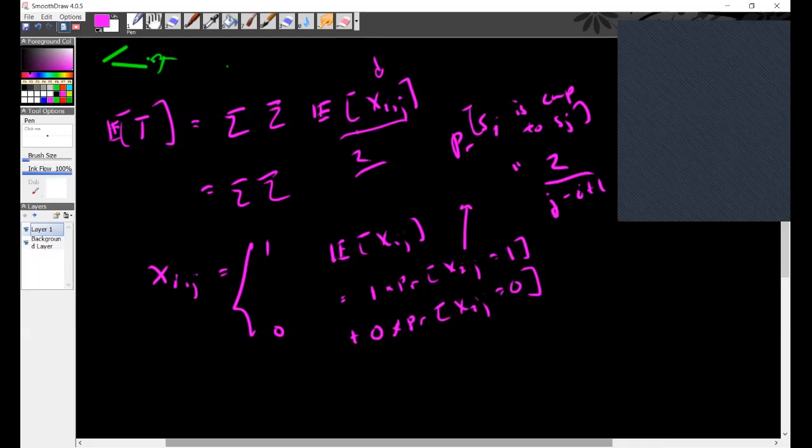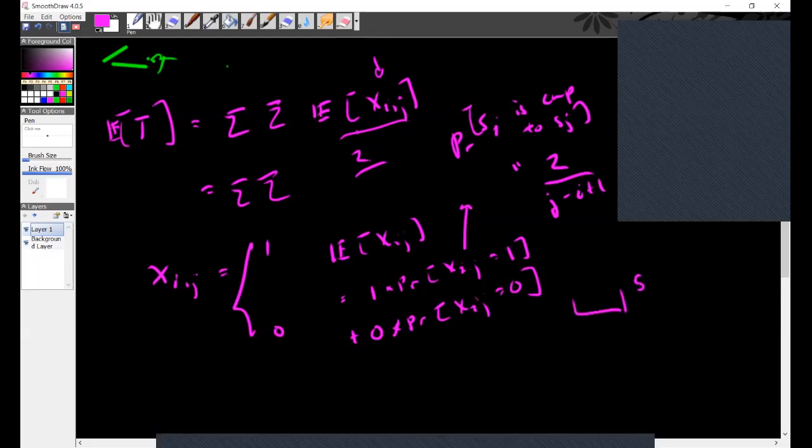So again, given that something outside the range was picked, so if this was Si and this was Sj, and there's something in between, the point is that if something here was chosen, or if something here was chosen, it doesn't affect the value of Xij.